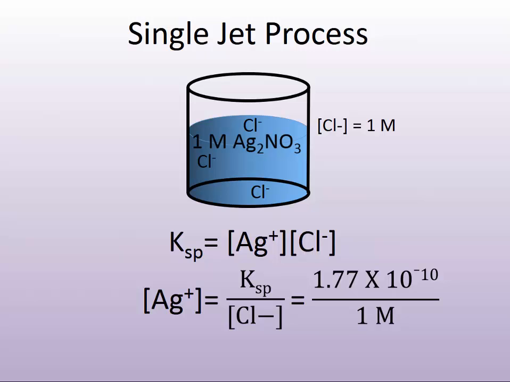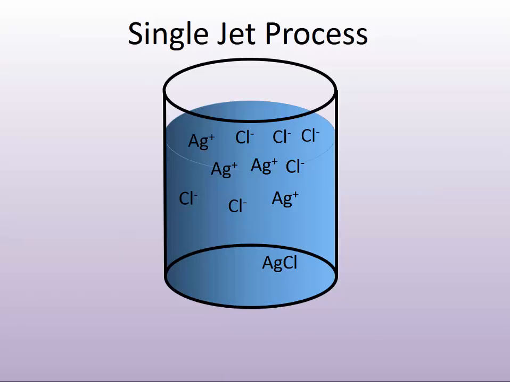So what this means is when I'm starting out with 1 molar and I mix the two together, the concentration is way out of equilibrium. It's way too far on the right-hand side of that equilibrium equation that we looked at a couple of slides ago. What does nature do? Nature notices this imbalance. We're way too heavy in ions.